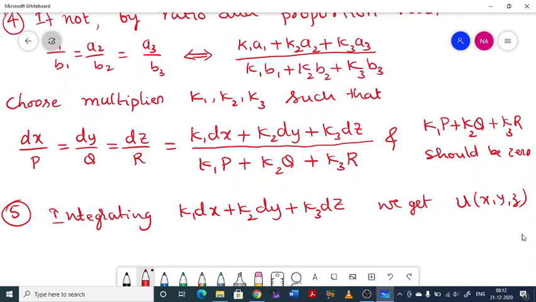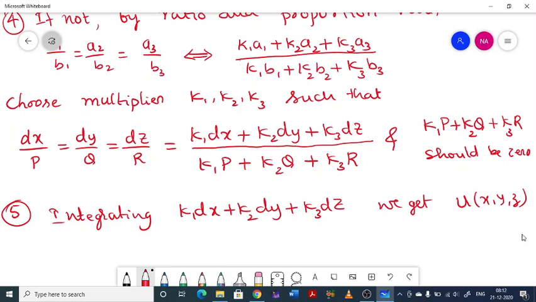You have to choose one more triplet, k1 dash, k2 dash, k3 dash, such that k1 dash into P plus k2 dash into Q plus k3 dash into R should be 0. Again, integrating the numerator term, you get v of x comma y comma z.